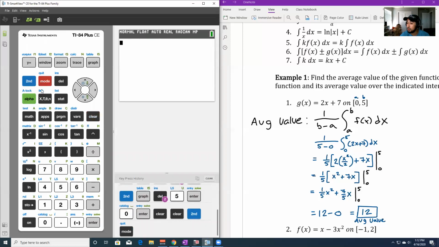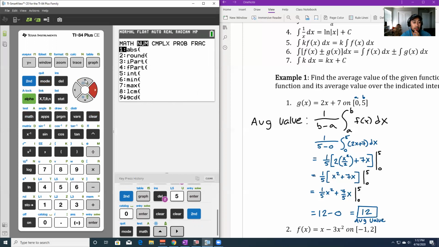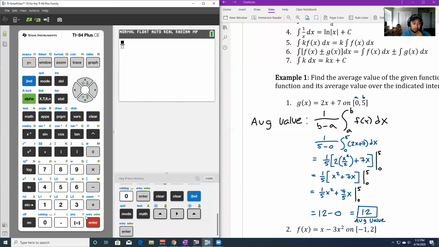So if you have the integral button, your life's about to get really easy. I mean, you still want to show work, but you can check your work. So the first thing we're going to start with is that fraction of 1/5. So I can go math, number, N over D. I'm going to say 1/5.